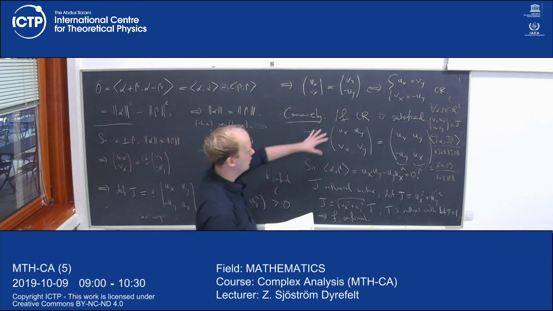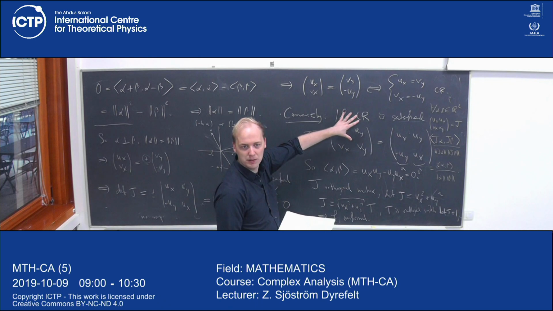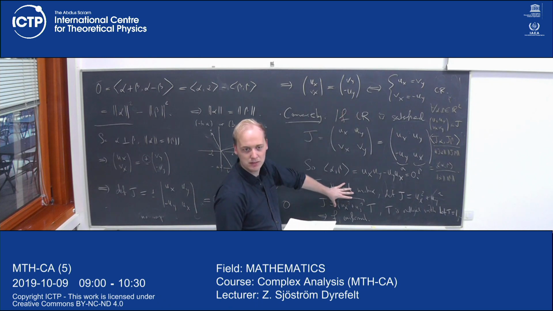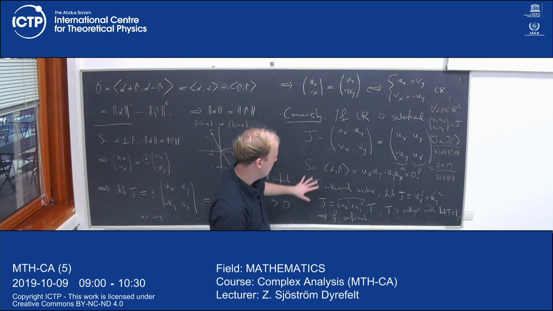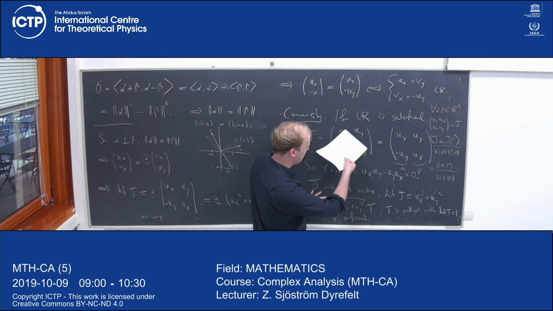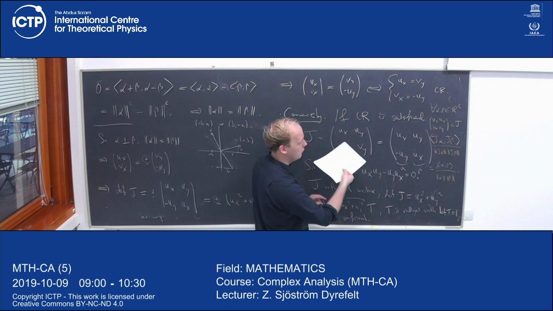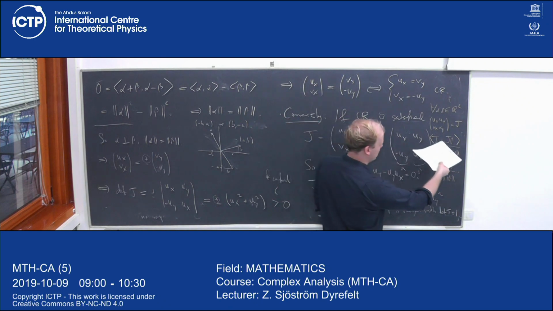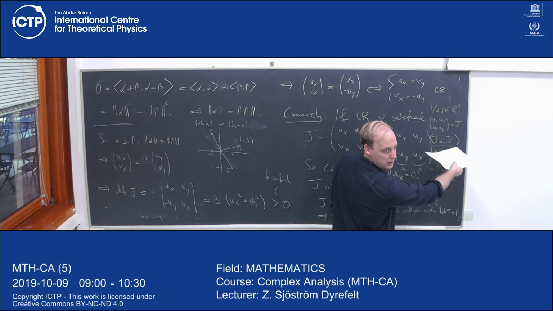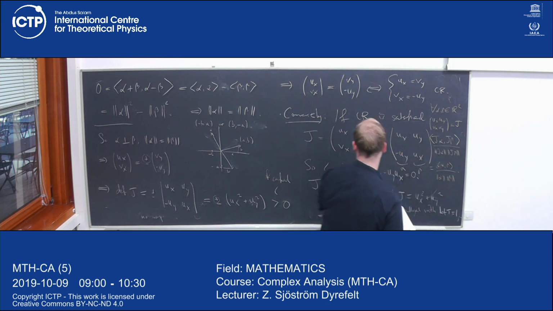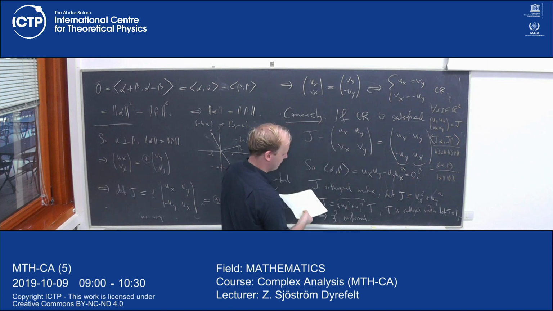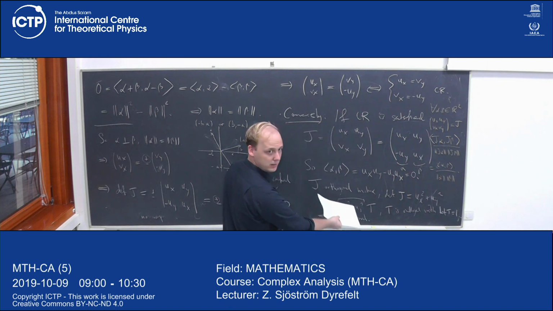Maybe you're asking about what I did in this argument. How did I show here that it preserves angles? Is that your question? The reason is that I showed that if you satisfy Cauchy-Riemann, then this matrix is an orthogonal matrix.